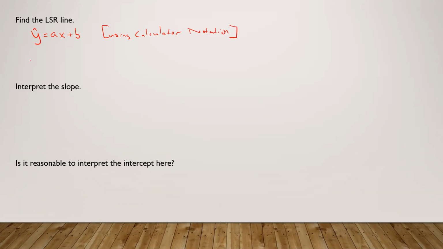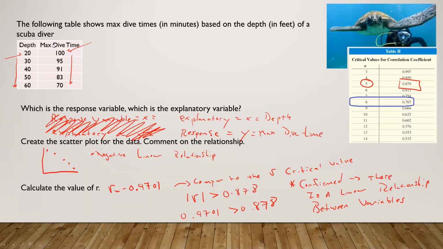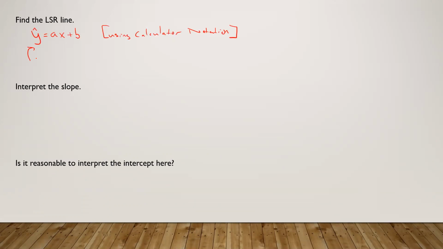Okay, just so we're clear, what y hat is here, looking back at our example, is the estimated max dive time, or predicted dive time, in minutes, and x here represents the depth that you're at. So if you give me the depth, I can tell you the estimated max dive time.